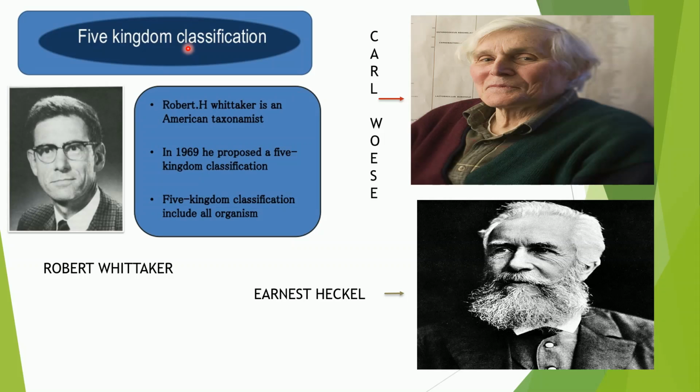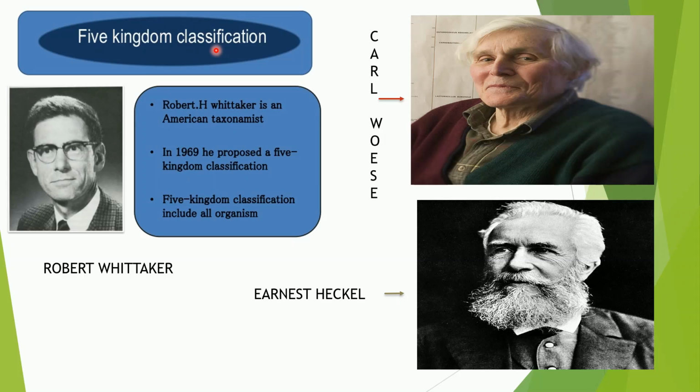So we can say this is the modern form of classification, also referred to as five-kingdom classification. This is near to perfect classification. Of course, we cannot say it is a perfect means of classification, because it also has its own drawbacks.